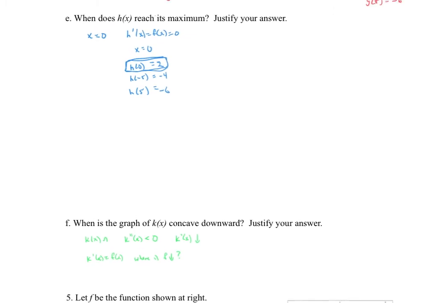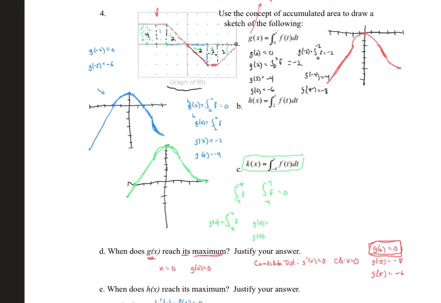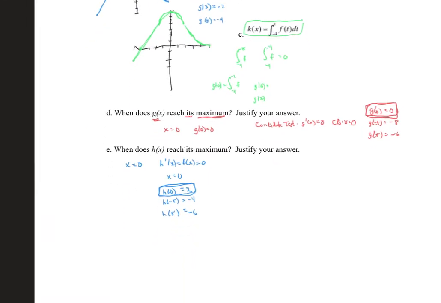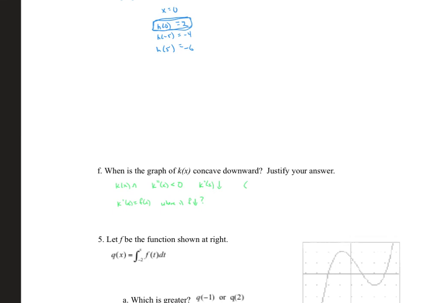So if we come back and look at our graph of f, here's our graph of f, and we can see that it's decreasing on this interval from -2 to 2. So if I can scroll back, it will be decreasing from -2 to 2.